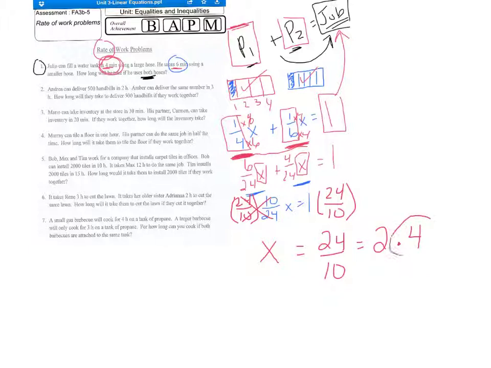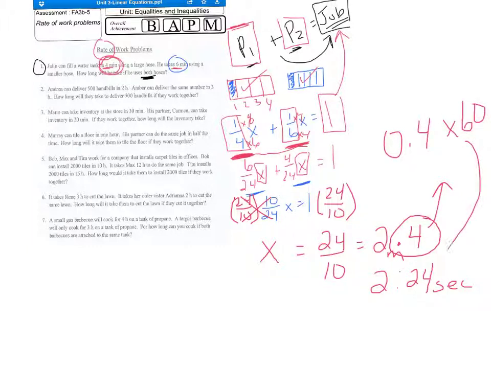So 0.4 of an hour is going to be 2 hours and 24 minutes. How do you do that? 0.4 times 60 minutes gives me 24. So it takes 2 hours and 24 minutes using the two hoses.